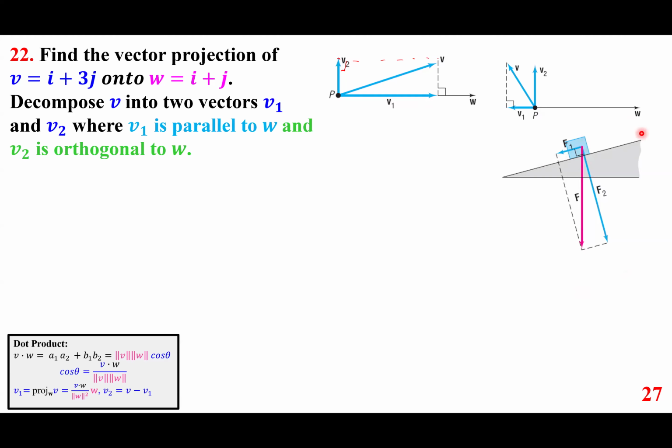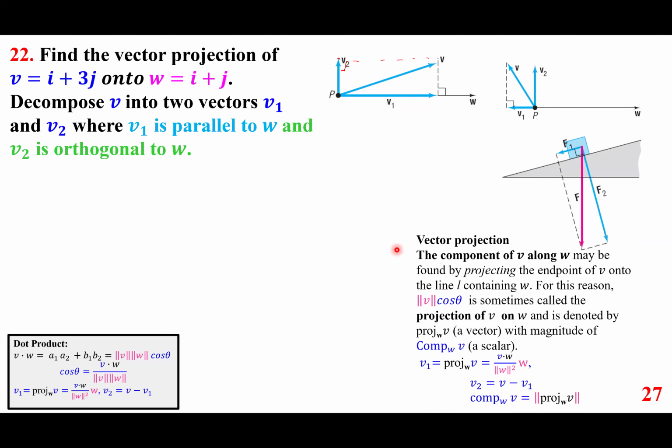If you're moving it up, these two are working in opposite directions, and this one is perpendicular to the surface that can undo the friction force. So it cuts it. So you drop a perpendicular to the ramp, and then you can make a 90-degree angle. That's the concept, okay, everybody? So those are the two components we're talking about.